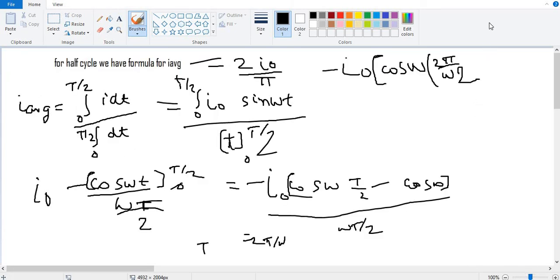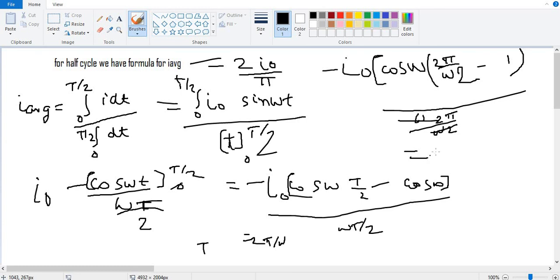The value of cos 0 is 1. Down below we also put the value of T, 2 pi by omega, so omega into 2 will get cancelled.